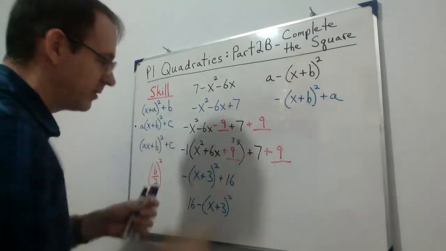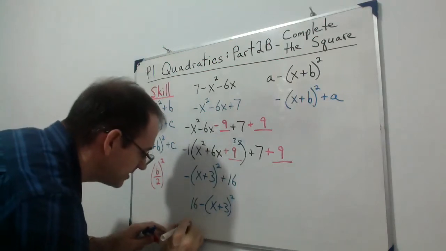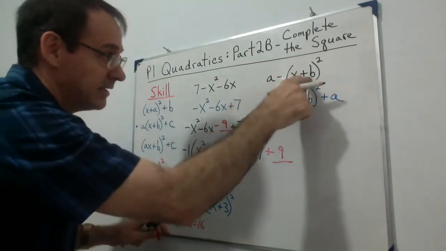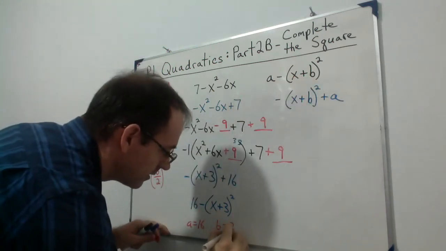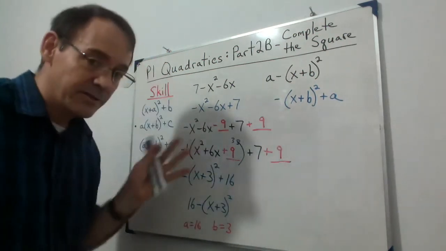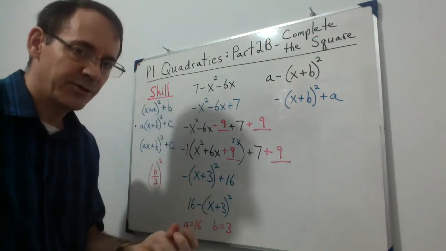You want to make sure you're looking at this one over here. So the A is our 16. Here's our minus, here's our B, and our B is 3. Okay, so again, there's a few little tricks in there, but you should be able to handle those.